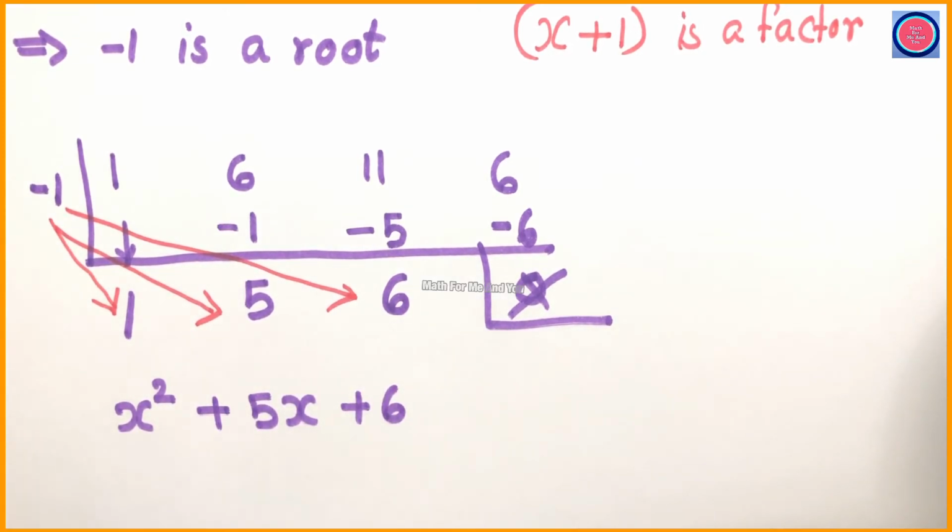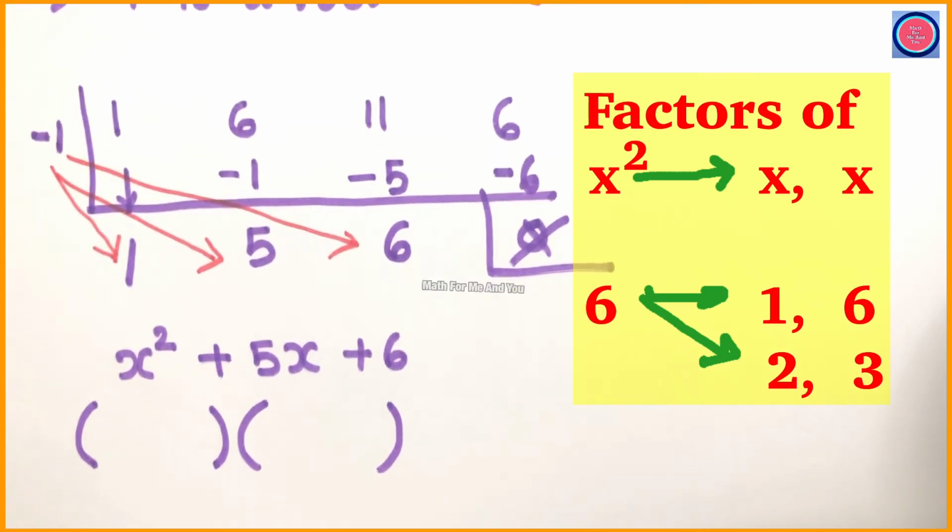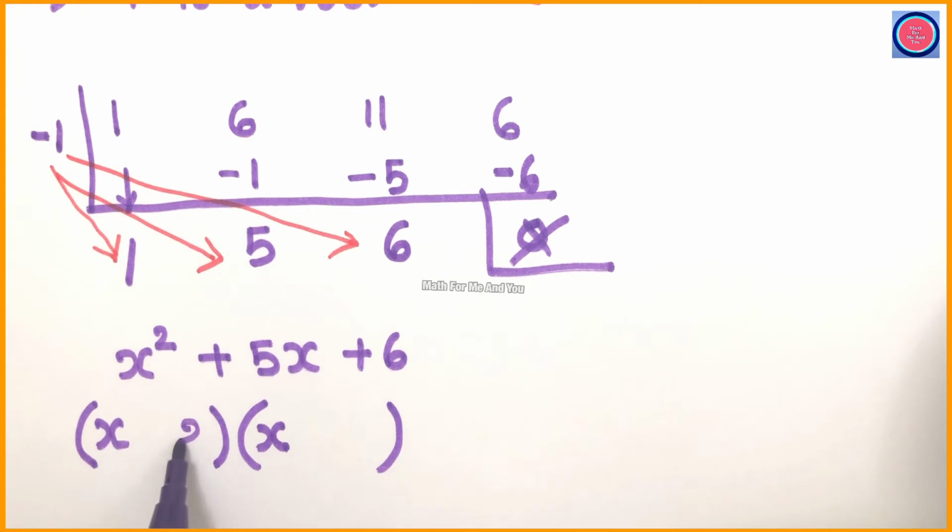Now the third step, we have to factorize x square plus 5x plus 6. What are the factors? Factors of x square are x and x, and factors of 6 are 2 and 3 or 1 and 6. The correct factors here are 2 and 3 because the total we need to get is 5. With 2 and 3 it is possible. So we write x plus 2 and x plus 3 as the factors of this polynomial.